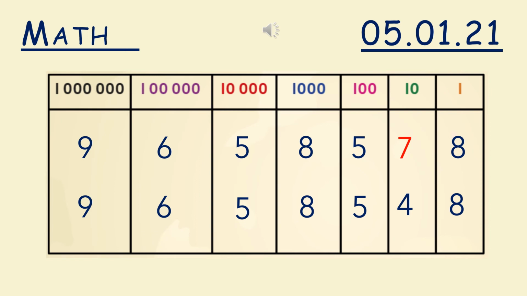Next, the hundreds of thousands. Again, both equal. Next, the tens of thousands. Again, both equal. The thousands are also equal. The hundreds are also equal. But when we get to the tens, we can see that the 7 is larger than the 4. So 70 is more than 40. This means that the top number is again the largest number.